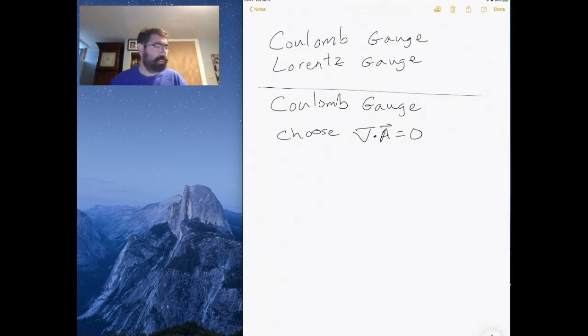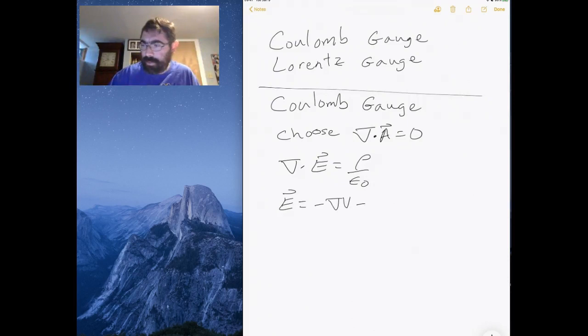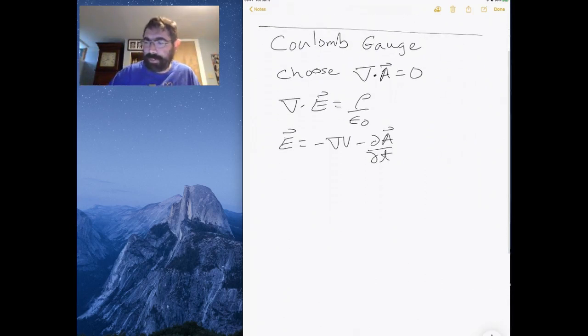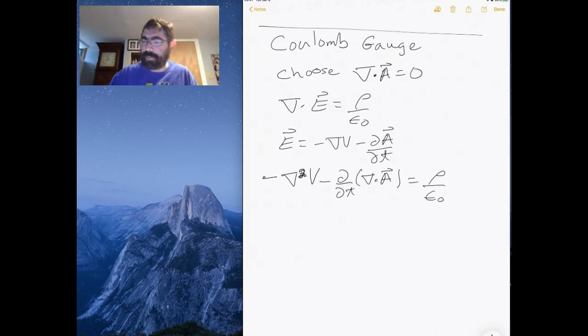That means if I look at Maxwell's first equation, where E is this equation here, when I take the divergence of E, I get minus the Laplacian of V, minus the divergence of A, which is equal to rho over epsilon naught.